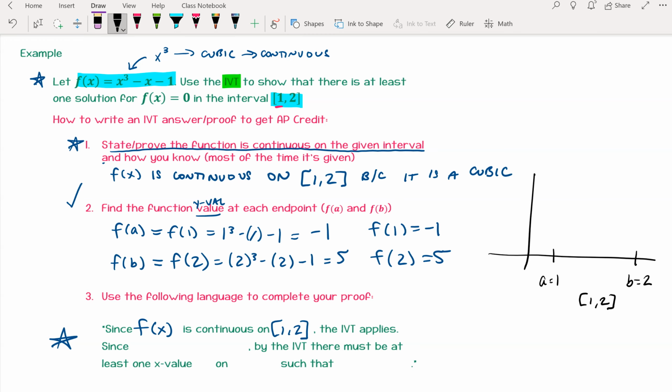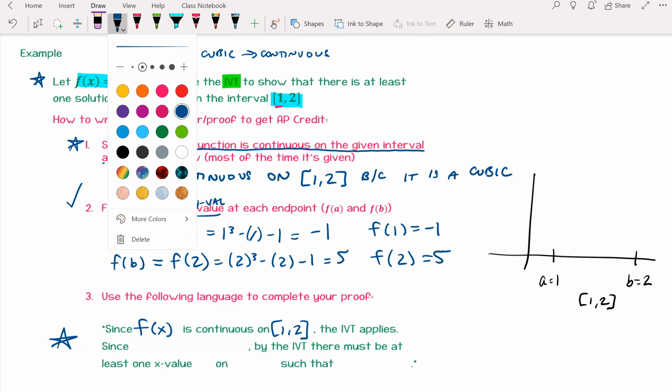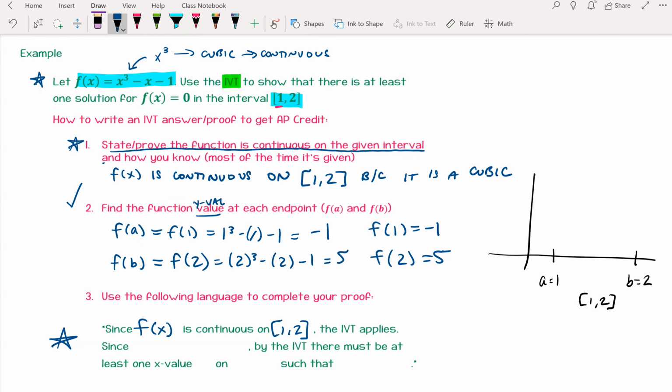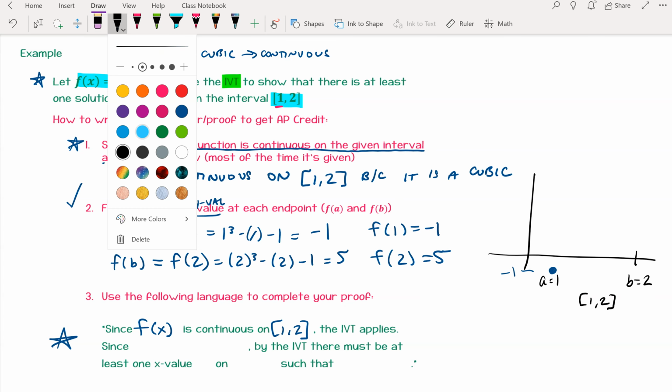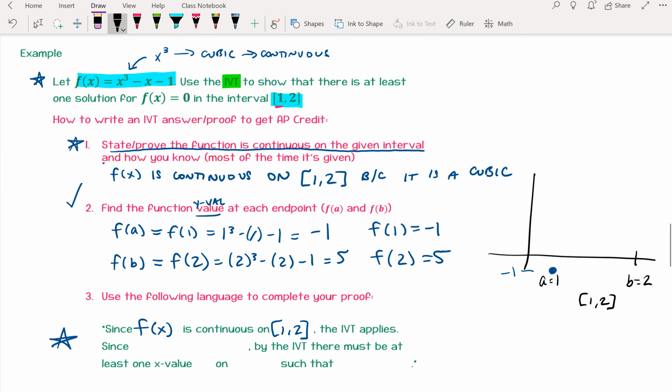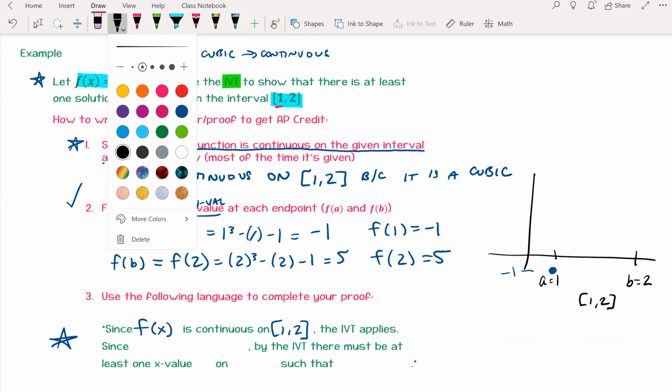And we have the points that we found. f of 1 is negative 1, because this is x equals 1, right? f of 2 is 5. So let's put a 5 on our graph.